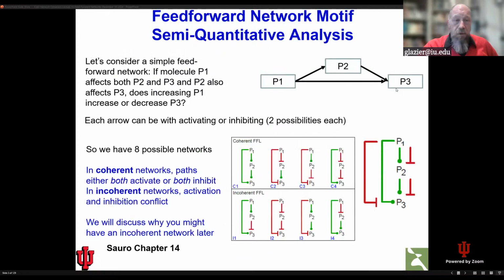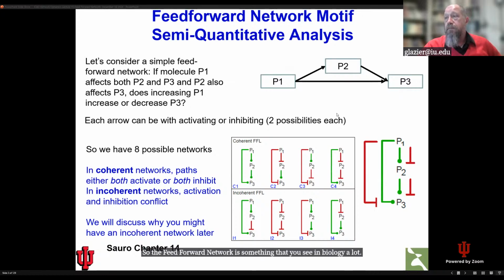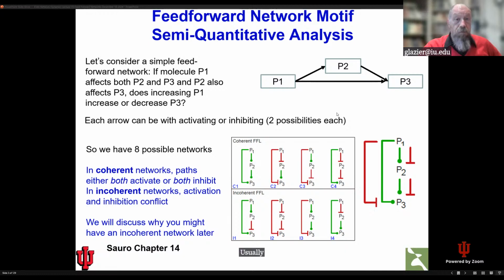The feed-forward network is something that you see in biology a lot, usually in a little bit more complex form than this. You have a molecular species P1. If it's a signal, it could be a signaling network, in which case this could, for example, be an enzyme or a phosphatase.